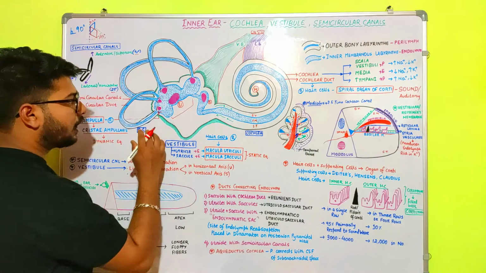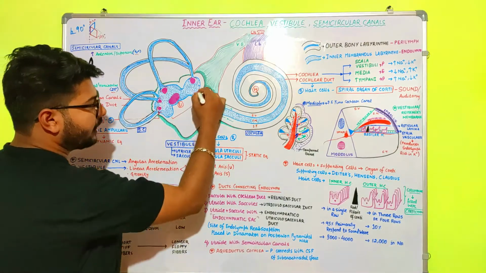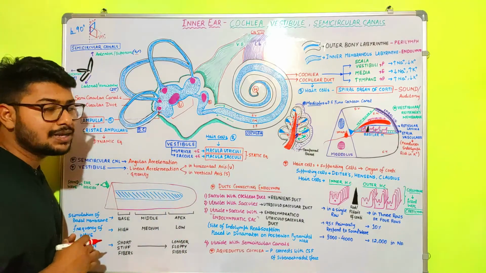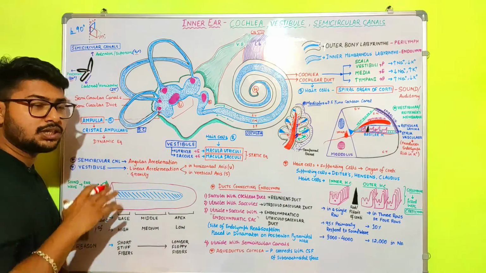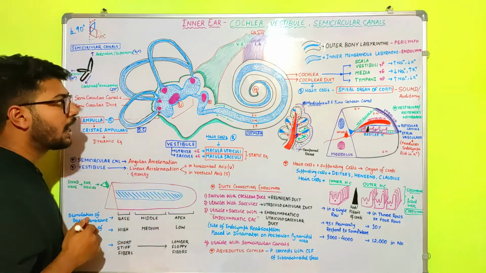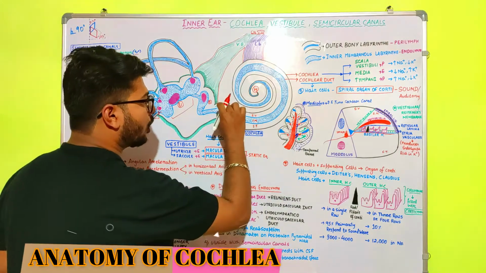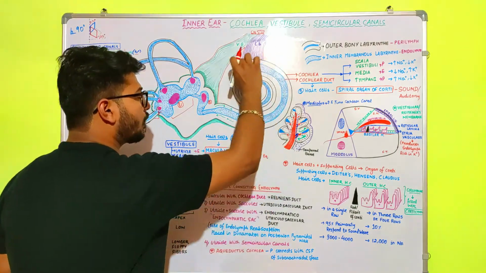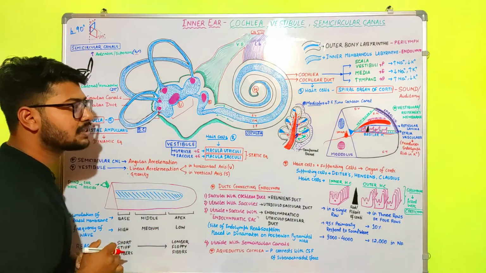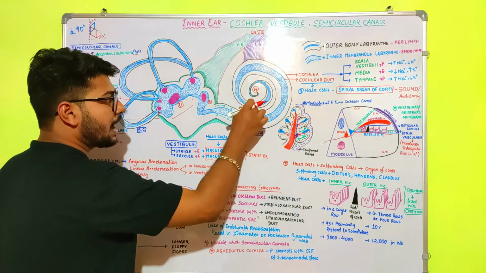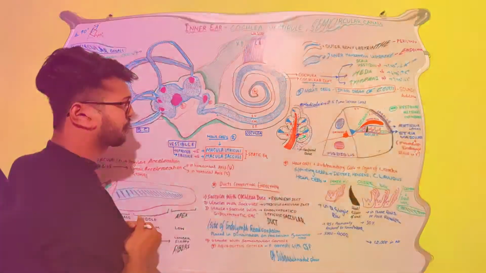This horizontal structure is known as the utricle, and this vertically positioned structure is known as the saccule. These two anatomical structures constitute the vestibule, and the cochlear part has the cochlear duct inside the cochlear canal. The black outline that you can see is the cochlear canal, and this cochlear canal has the cochlear duct.